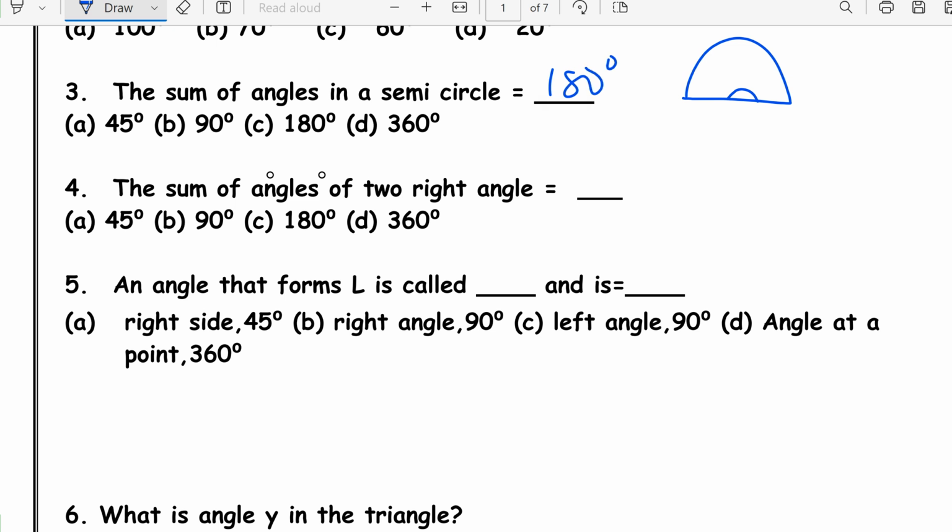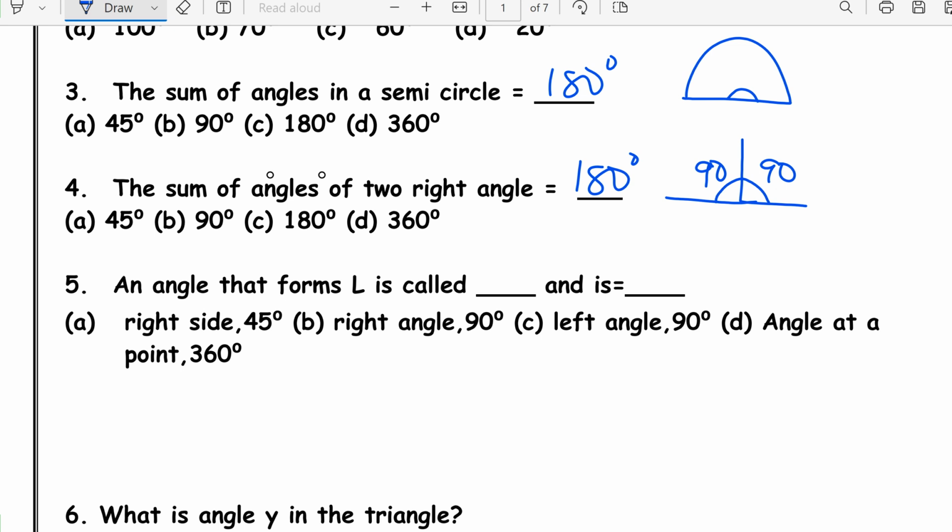The sum of two right angles: the right angle is an L. Like I said, the right angle is the angle that forms an L, and two of it will be this way, and it also equals two right angles. Two right angles is a semicircle, or equals the angle on a straight line. So you have 90 on this side plus 90, and if you do this together, you still get your 180 degrees.